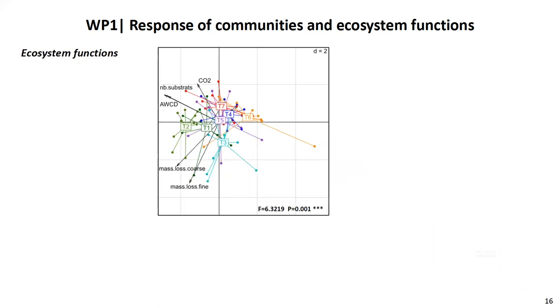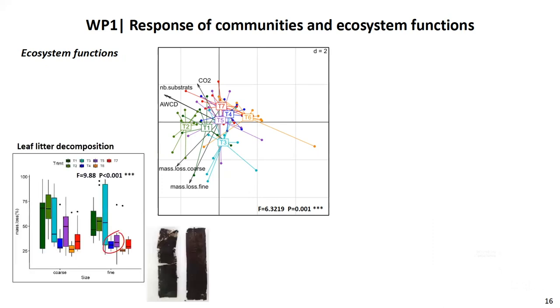Finally, for the ecosystem function, we also find a significant effect on the different treatments. And if we have a closer look on the decomposition, we can see here again that the combined effect has a strong impact and has reduced the leaf decomposition.